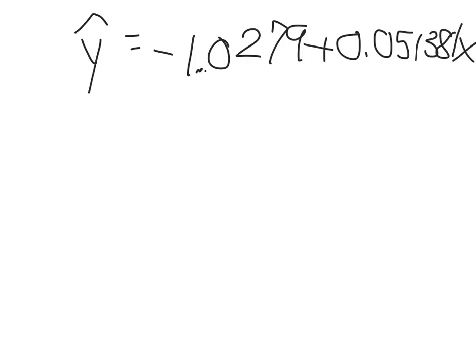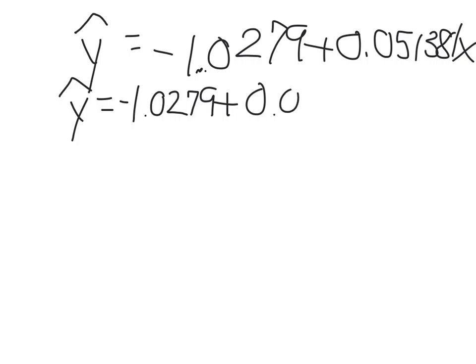Remember, that's an equation of a line. What they want to do, they're giving us a value for x. That is x equal to 100. So we just plug that in where the x's are.